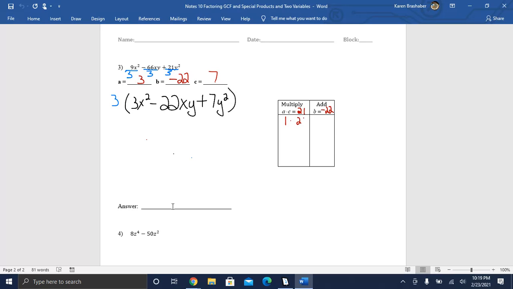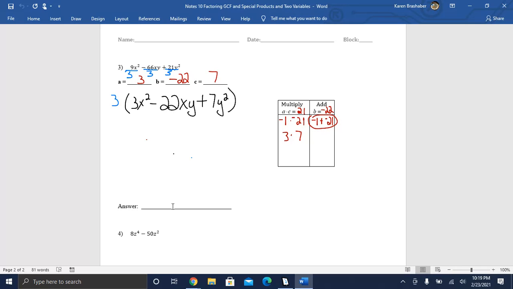So that'll be 1 and 21 and 3 and 7. The pair that we could make add to negative 22 would be if we make both our factors negative. So if we have negative 1 times negative 21 and negative 1 plus negative 21, we'll get our negative 22.